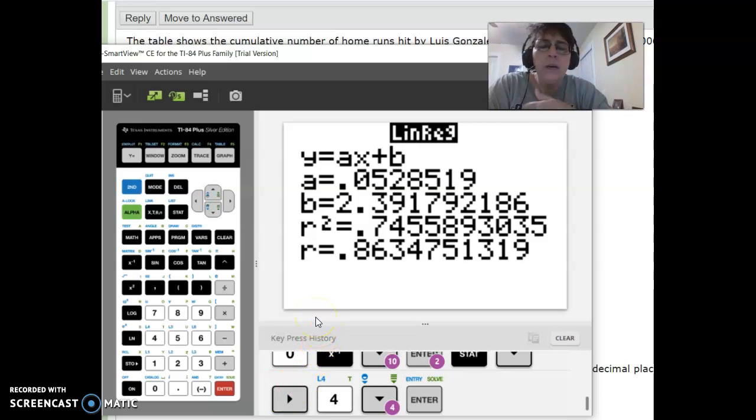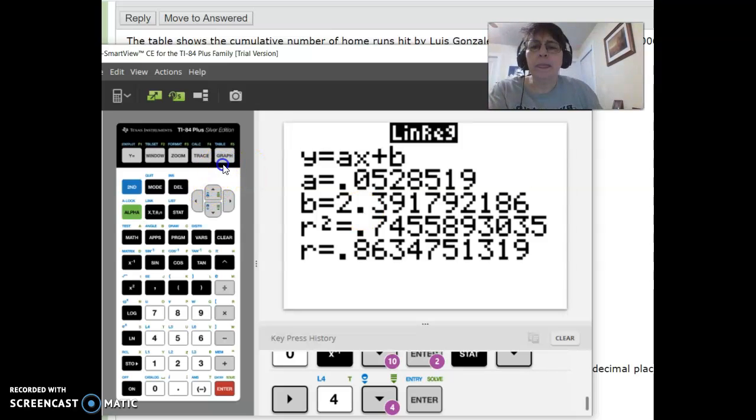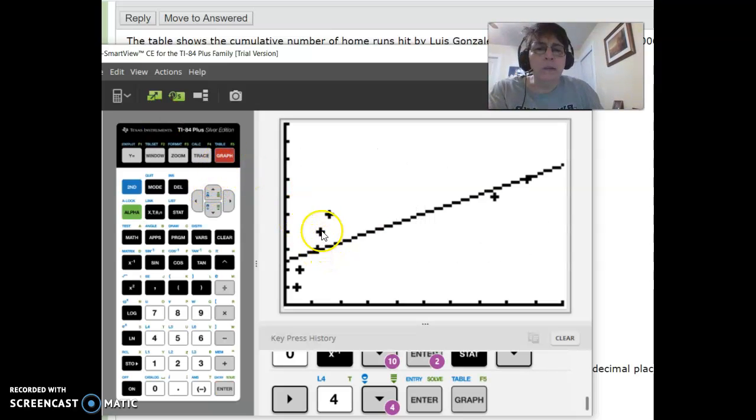This time it's going to pop up an R-squared, which tells us how much of the variation is actually explained by this model. And the variation is how far away from the line each point is. And so this is called least squares regression.